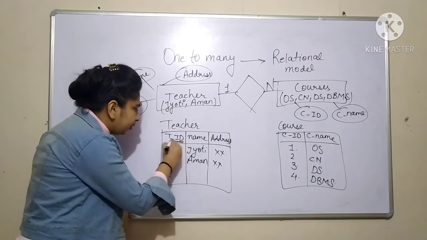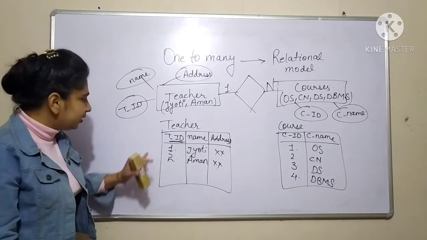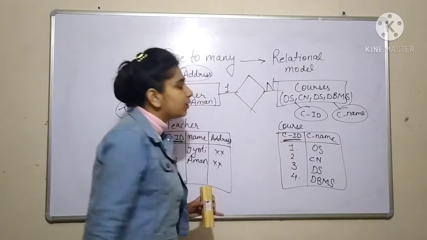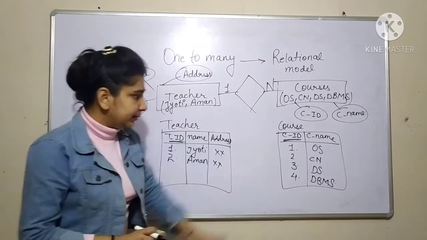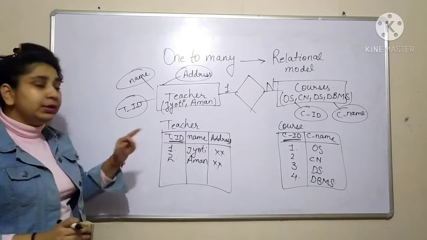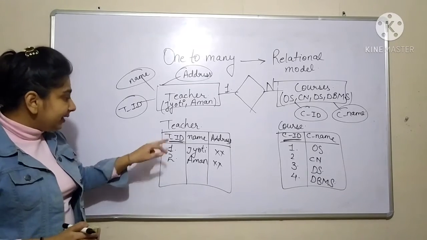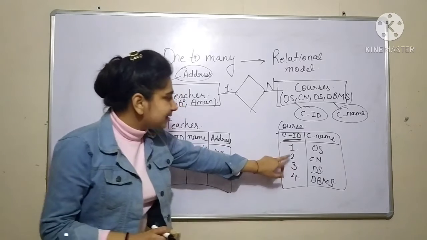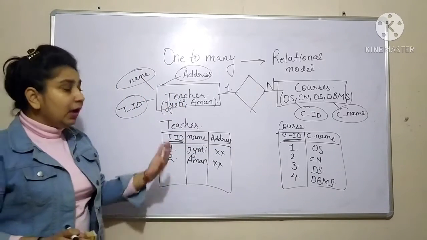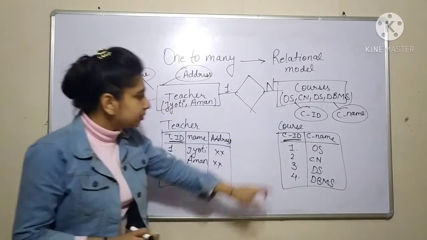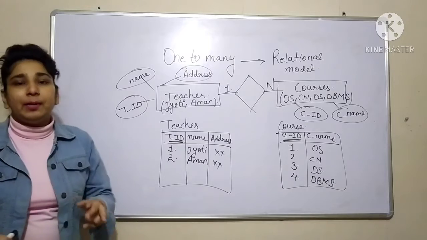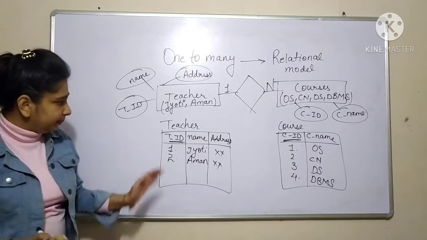The key attribute of the teacher table is teacher ID, and the key attribute of the course table is course ID. So the question is whether to use teacher ID as a common attribute in the course table, or to use course ID as the common attribute in the teacher table.